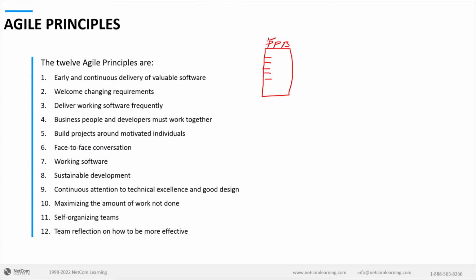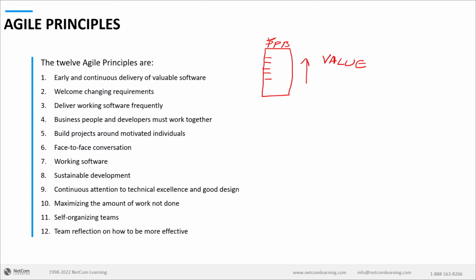The reason why it is called prioritized product backlog is because this document is supposed to be prioritized based on value. So is it you? Is it the project manager? Is it the development team who's going to prioritize? No. It's going to be the product owner.